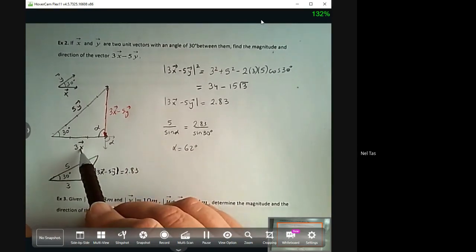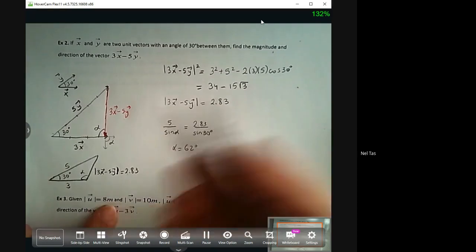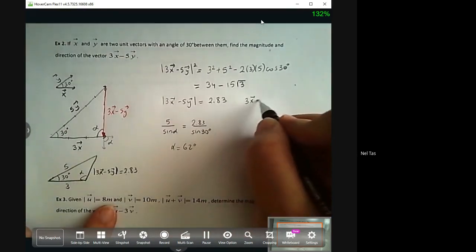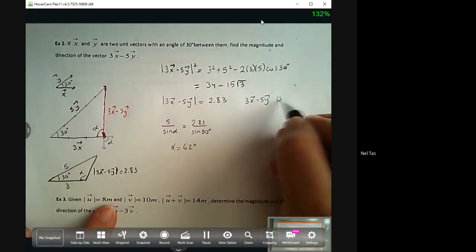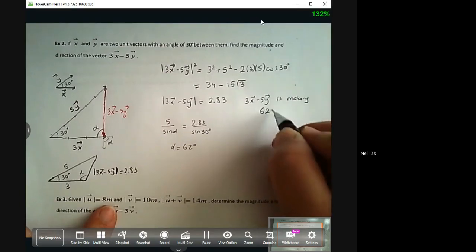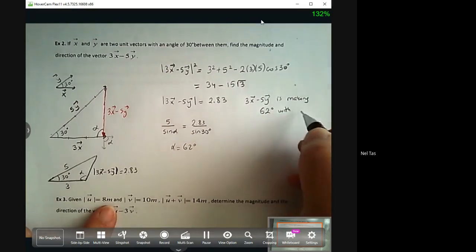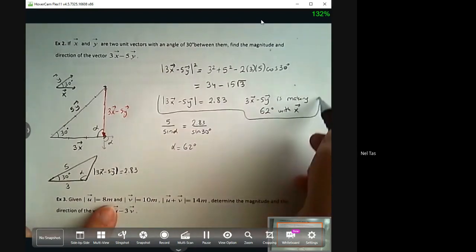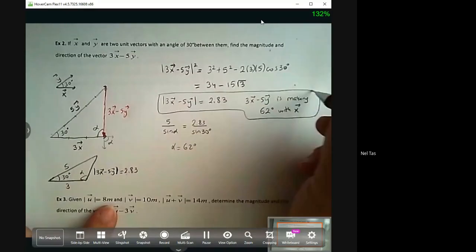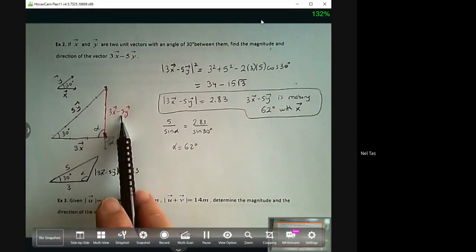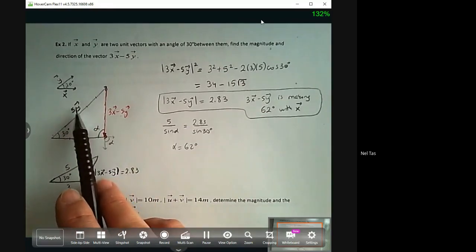But 3x has the same direction as x. I can just give the direction with x, okay? So 3x minus 5y is making 62 degrees with vector x. We could also give the angle between 3x minus 5y and y.